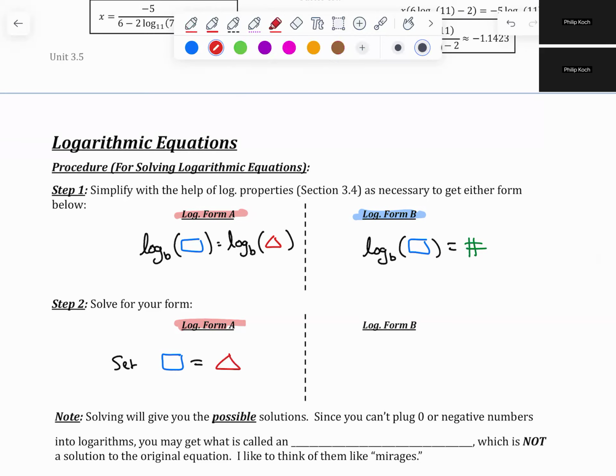Whereas if you're in log form B, use the remembering trick to convert to exponential form.